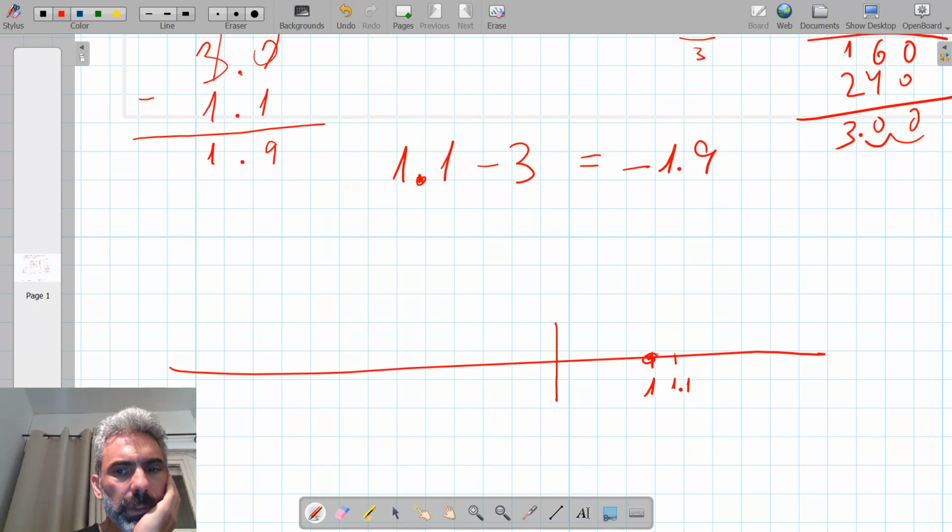If I subtract 3 from 1, I get to minus 2. And then I need to go to the right side. 0.1 to the right. So it's minus 1.3.